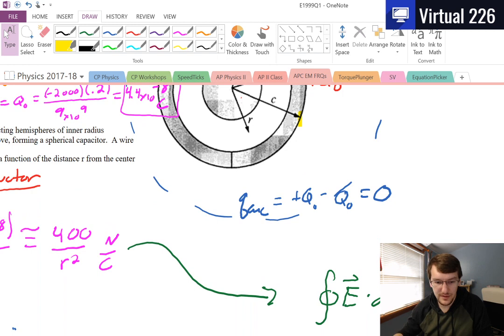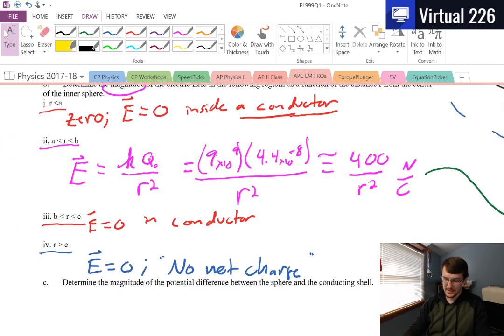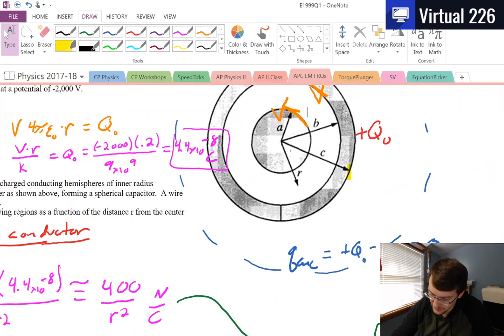We can do this in a few different ways. One way, and arguably the easier way if you recognize it, is to call this here VA, and then out here is going to be VB.